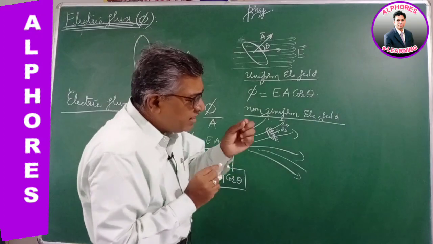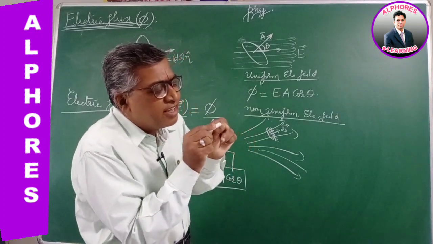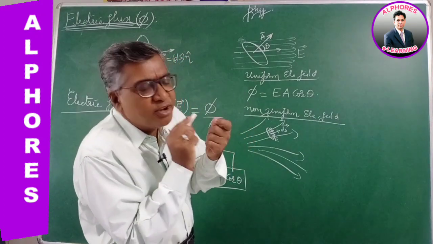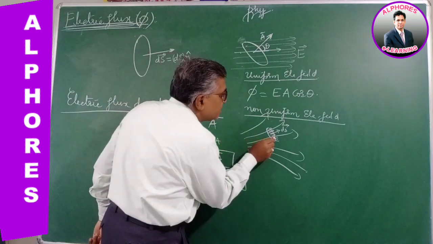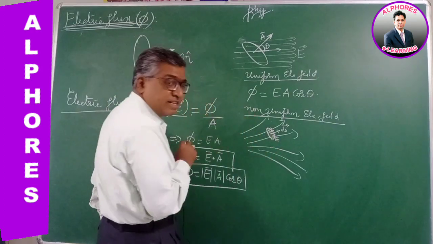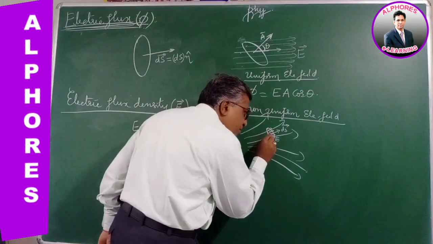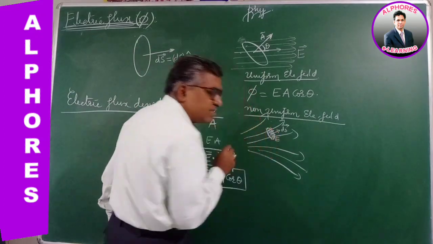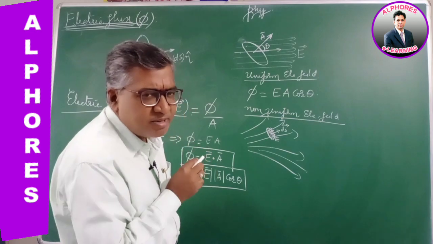A very small area, like the area of a nail. If the E value is constant over it, the number of lines of force passing through it, the measure of the number of lines of force, will be small.